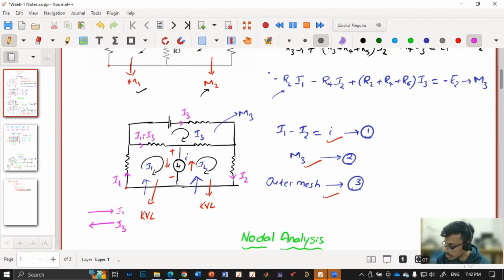Similarly, in this resistor, say I am assuming current direction to be here. It is also containing two current components. One is I2 in this direction and other one is I3 in this direction. Say I am considering this direction. So this current will be I2 minus I3. Understood?